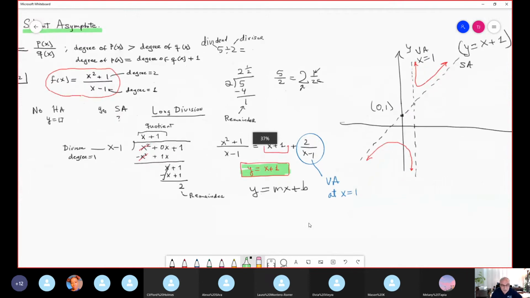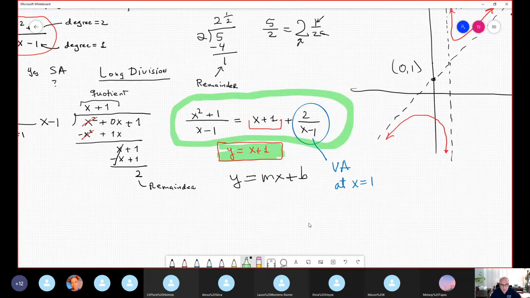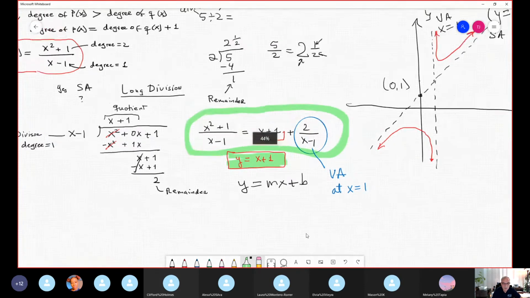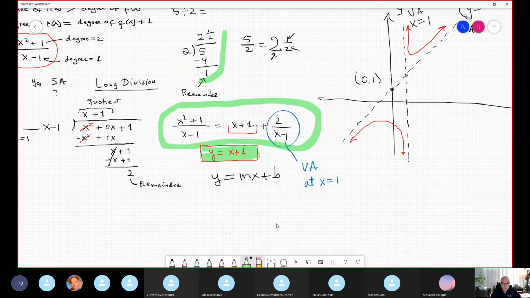It's confusing. Okay, let me try to indicate the part that you don't understand very well. Try to compare in your mind this division and this division.